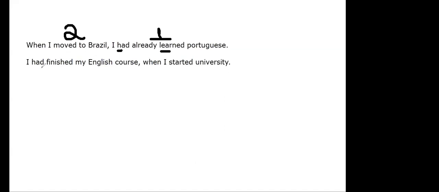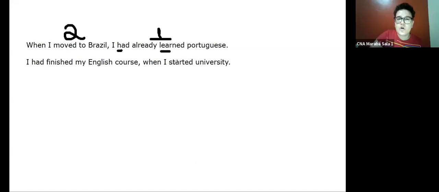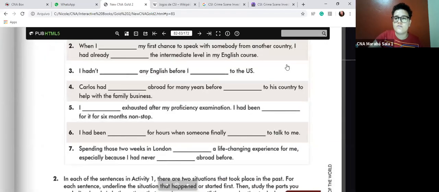In the second sentence, I had finished my English course when I started university. Had, finished, so had plus verb in the past participle. This is event number 1 and this is event number 2. This situation happened first and this situation happened second, okay? So this is something that you need to know to answer this activity.